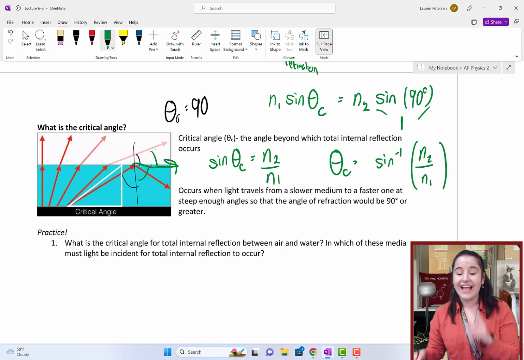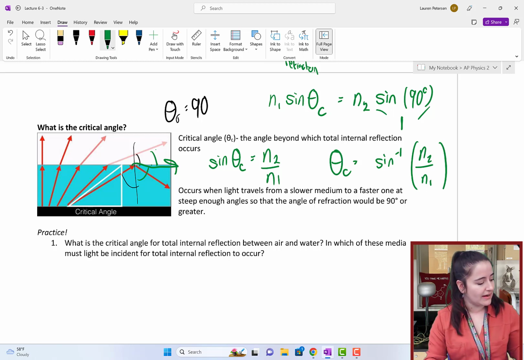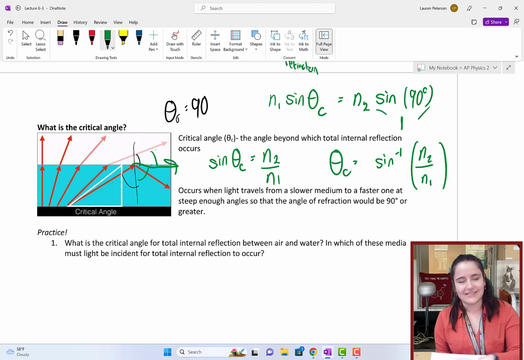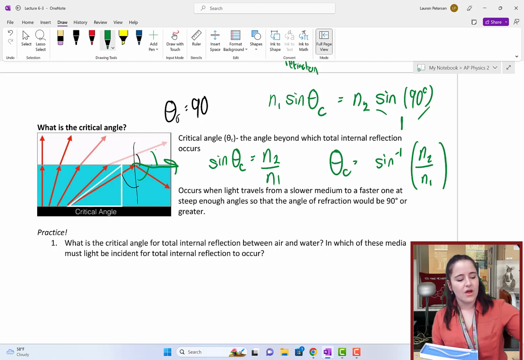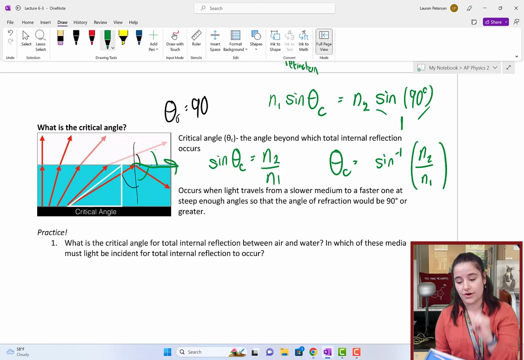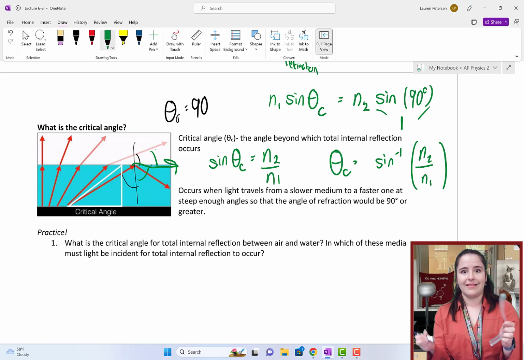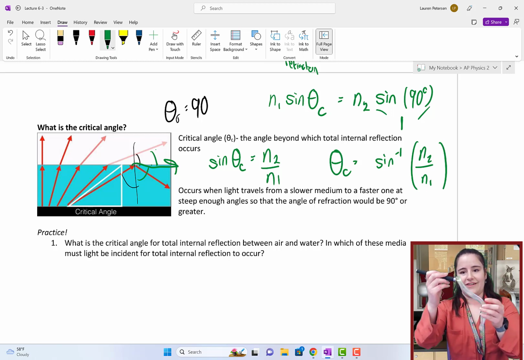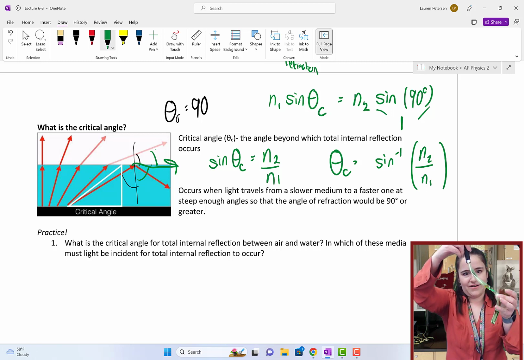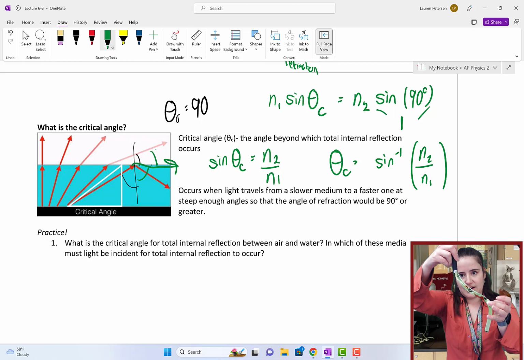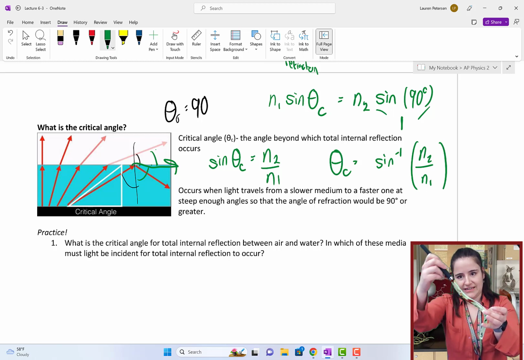This is actually used a lot in fiber optics. This is how fiber optics work. They have a cord with a really high index of refraction surrounded by things with a low index of refraction. You can see how if I shine this laser through this, most of it is getting reflected.